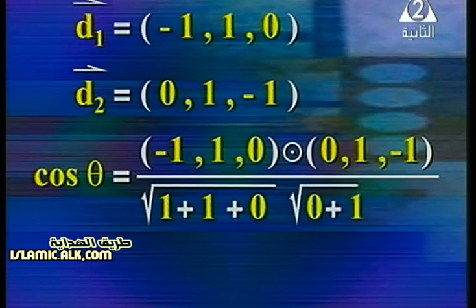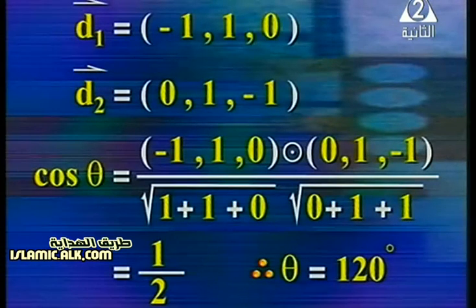By using the rule, cosine theta equals d1 dot d2 over the norm of d1 times the norm of d2, which equals 1 over 2. What is the angle whose cosine is 1 over 2? Dear student, 60 degrees or 120 degrees.